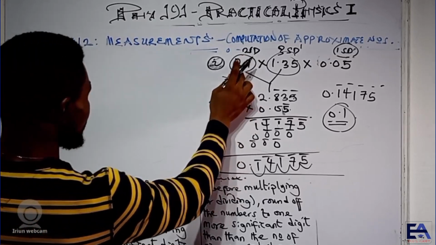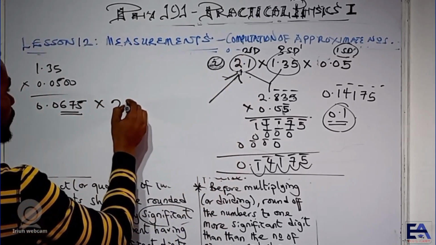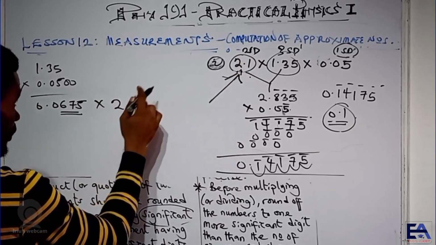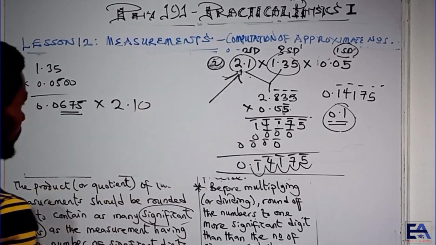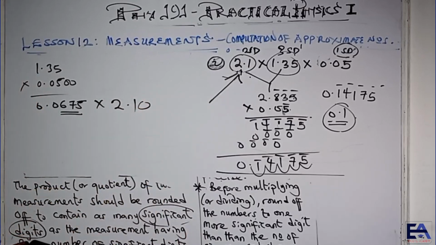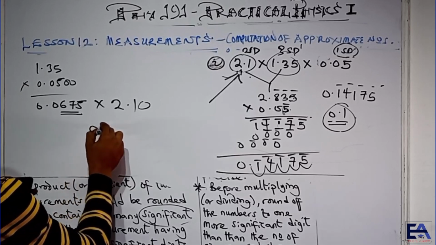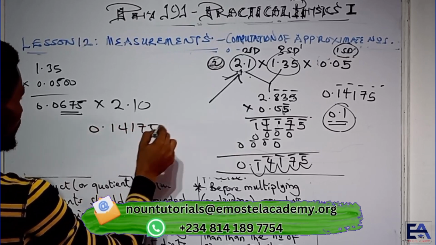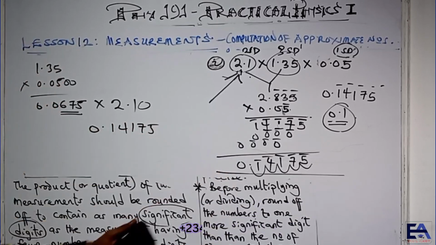Then now you multiply it by 2.1. If you want to make this 2.1 have 3 significant digits, you put 0, but when it comes to multiplication, it doesn't matter. So you multiply the result you got by 2.1, and then you have the final answer as 0.14175, just the same answer we got here.